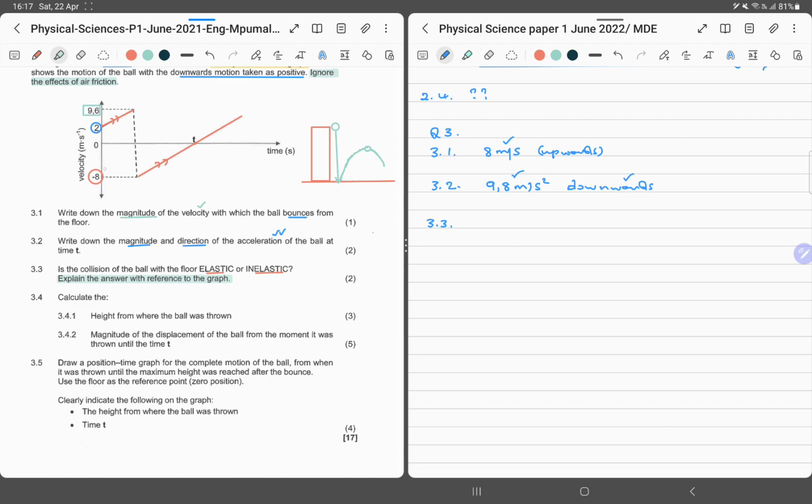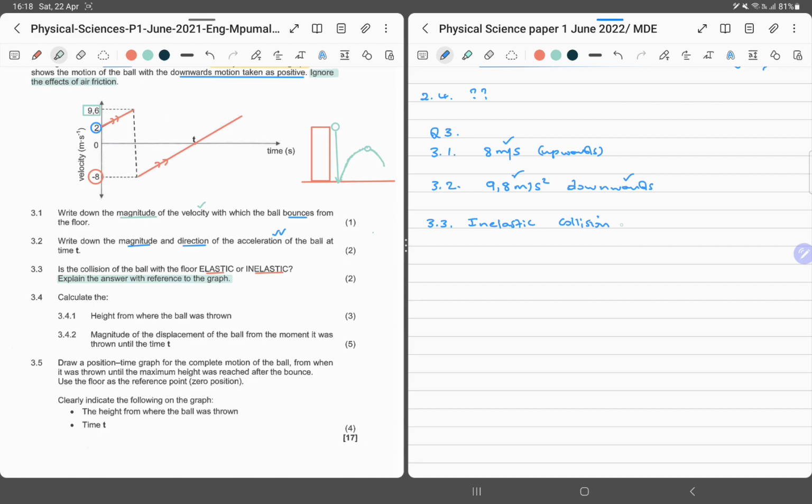So what do we see? We can see that it hit the ground with a velocity of 9.6 meters per second, but rose at a velocity much less than that. So that means we lost energy there, kinetic energy essentially. So this is definitely an inelastic. So we can say inelastic collision.